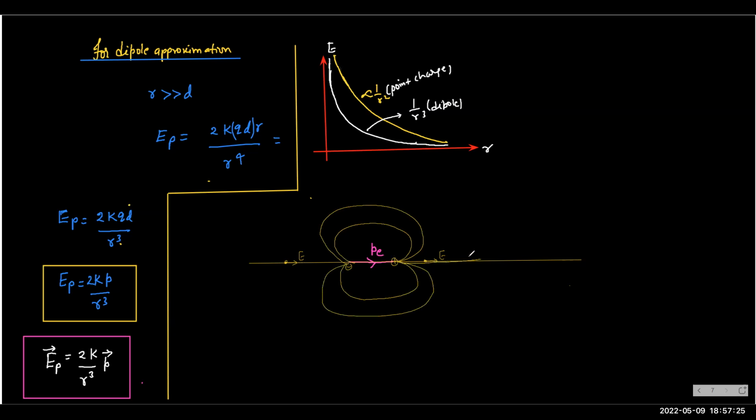The lines of force on this line are like this. It will start from plus and terminate on minus. So the field direction is always parallel to the axis. So a dipole will create a field on the axis along the direction of the dipole moment vector. That's obvious, right?